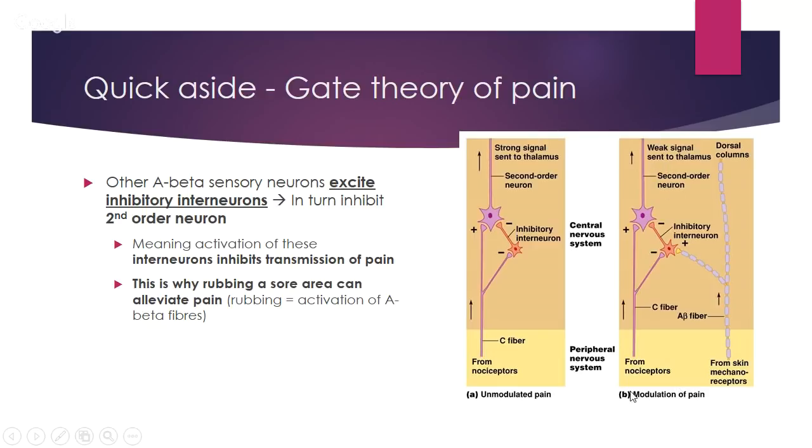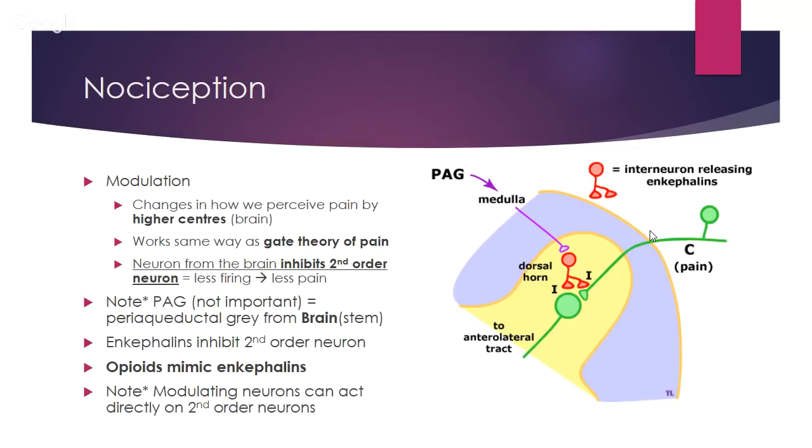So what would normally happen, without this rubbing over the area, is you have sensory information that just goes from here to that second order neuron up to the thalamus. But with rubbing over this region, you have activation of this neuron, which activates an inhibitory interneuron, and that decreases how much pain information goes up to the brain. The reason I'm telling you this is because that's the same principle by which modulation works.